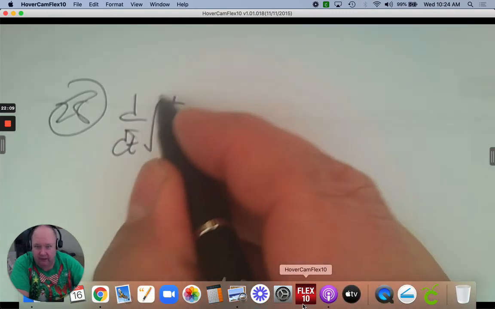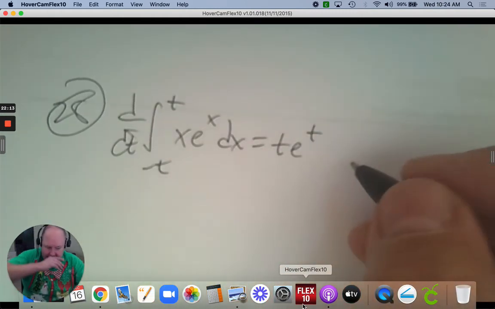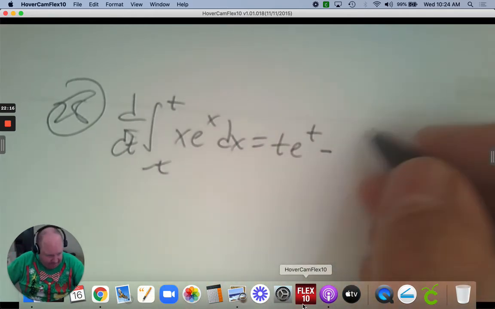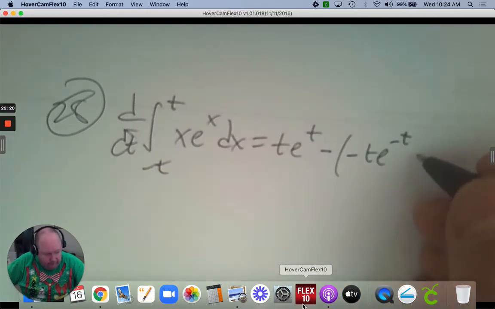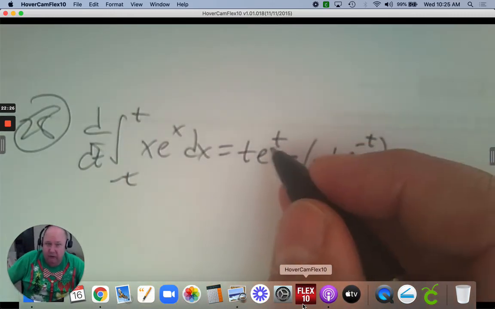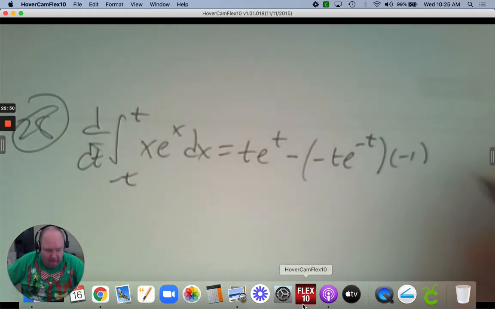So we substitute in the upper limit first. So just substitute that in for x. Subtract. Now you substitute the lower limit. And then you just have to remember the hook on. So the derivative of t is 1, so there was no hook on. But the derivative of -t is -1, and that's essential, and you have your answer.